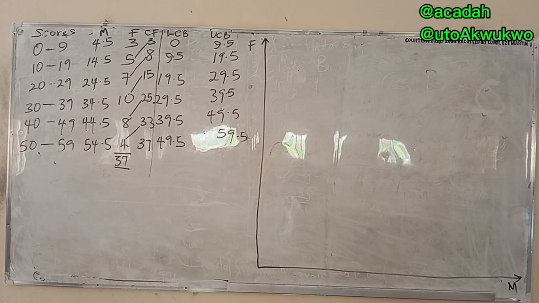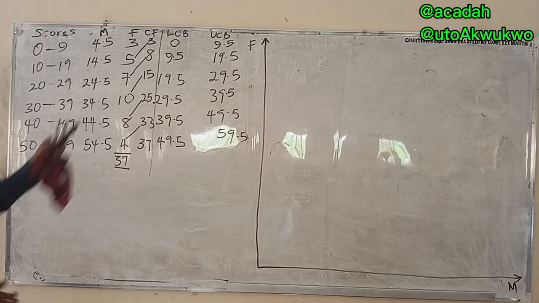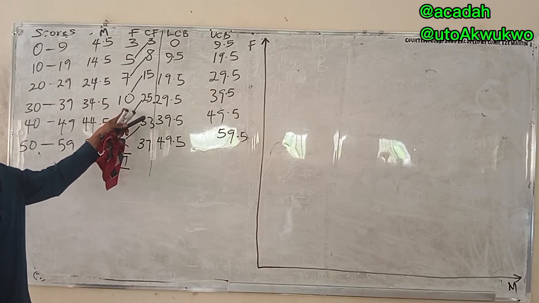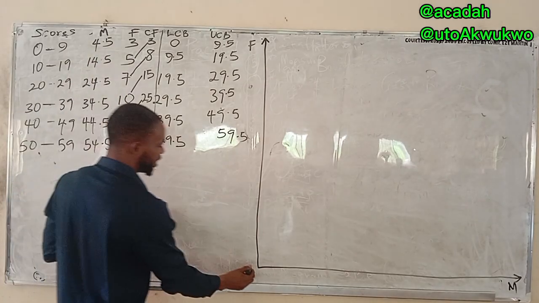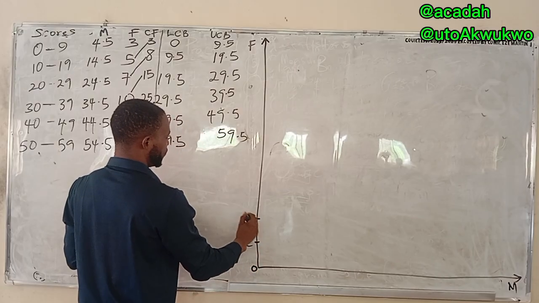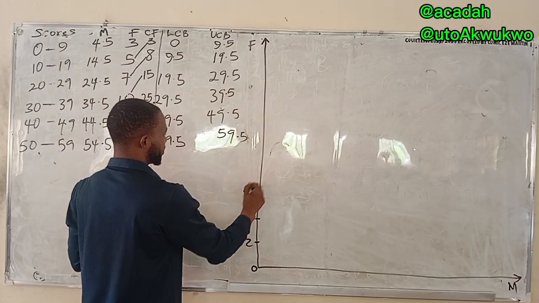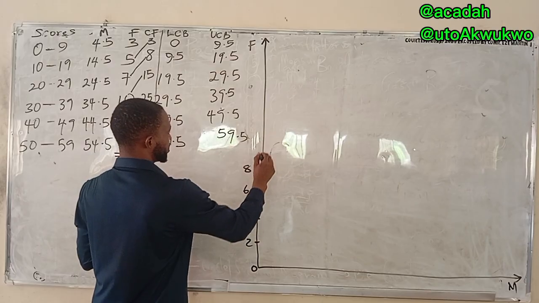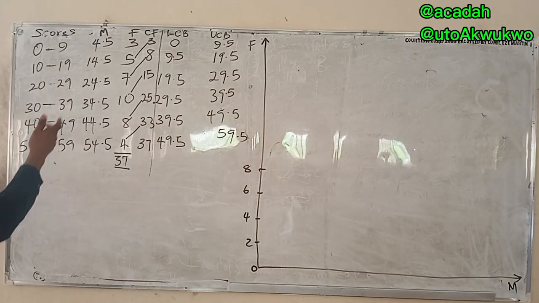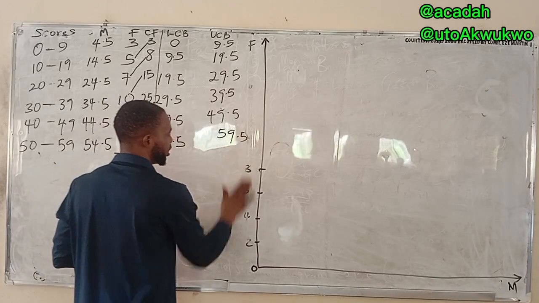So now, in order to do this bar chart, the highest frequency in here is 10. The same way we plot a graph, I can say let this be 0. You know how to plot a graph already. 2, 4, 6, 8. Since it's 10, it's small. I can actually start with 1, 2, 3.